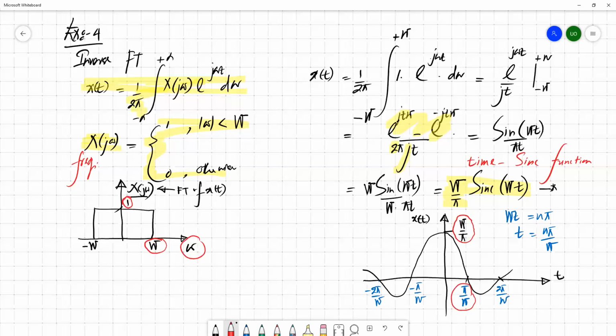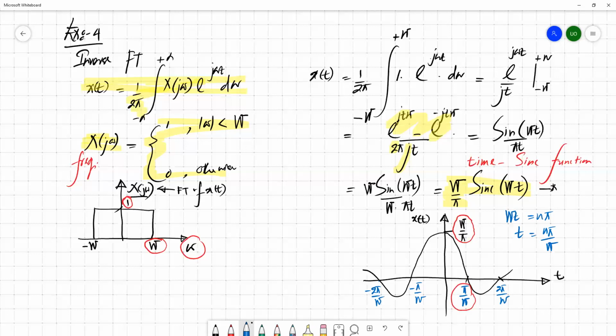By looking at this, it's a kind of filtering arrangement. In between minus W and plus W, this basically filters whatever the input signal is, because outside this W, the functional value is 0. It means whatever frequency components are there are simply suppressed to 0.